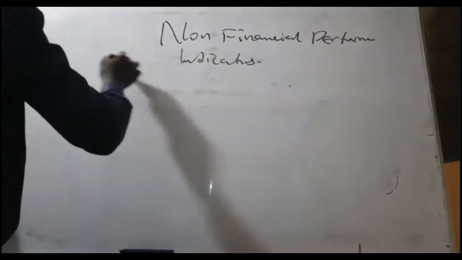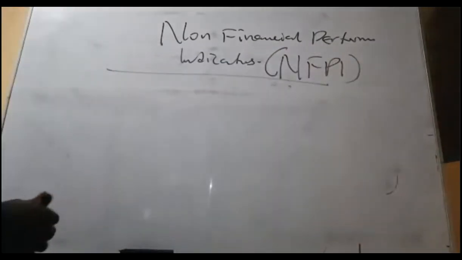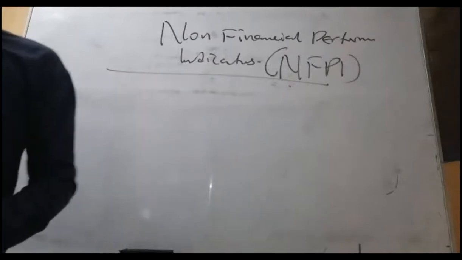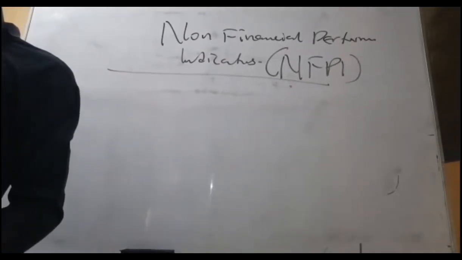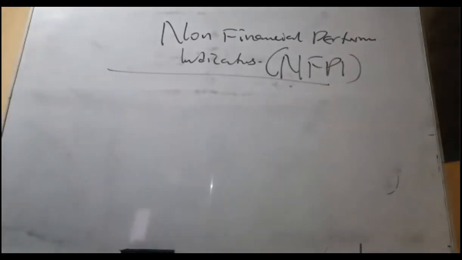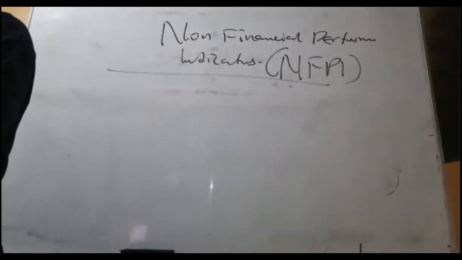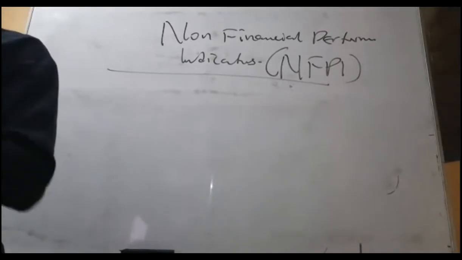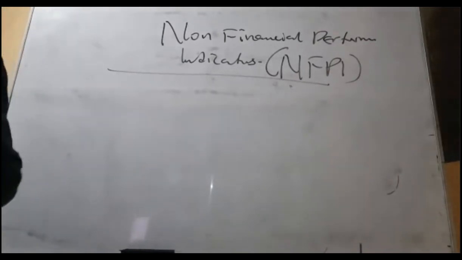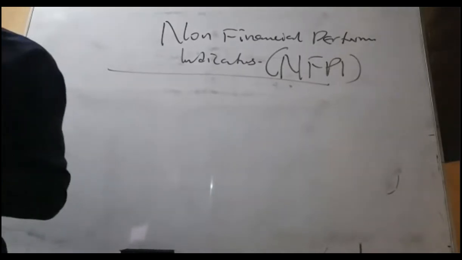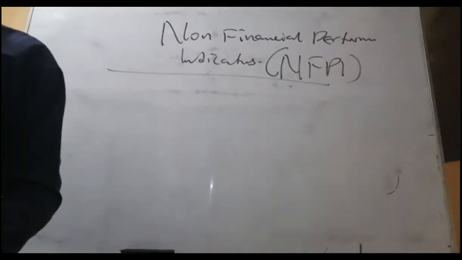You can call it non-financial performance indicators, NFPI. You can also add the word key to it, so you also call it key performance indicators, KPI. You can add the word key to it. When the key is there, it still means the same thing.